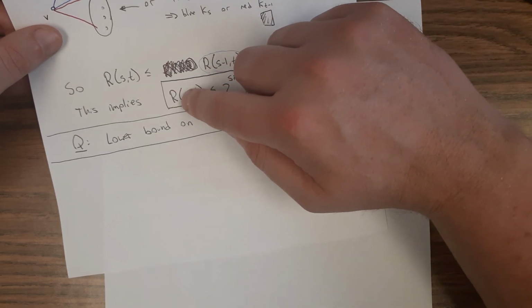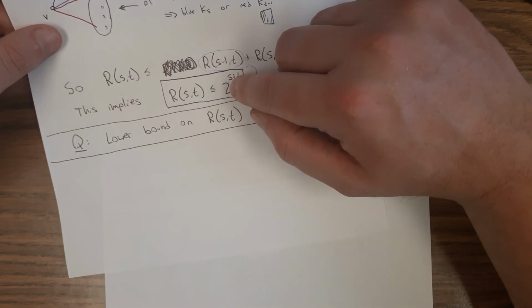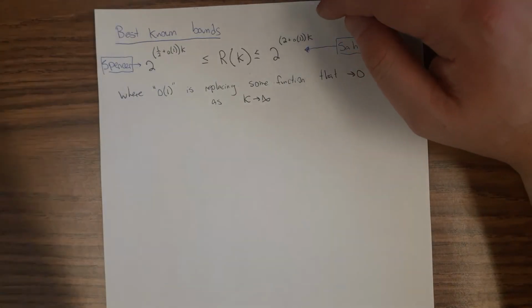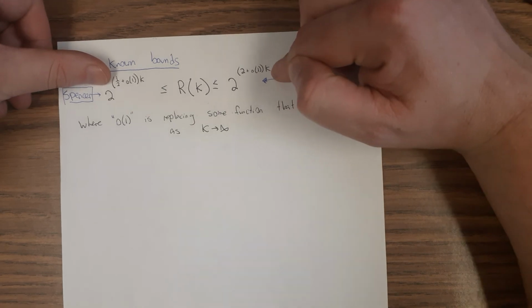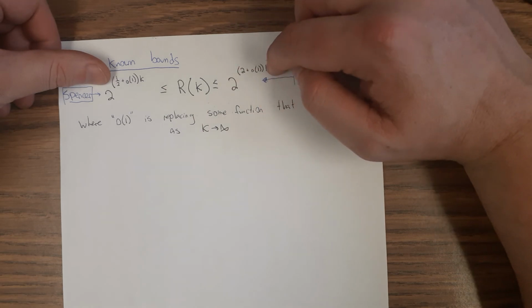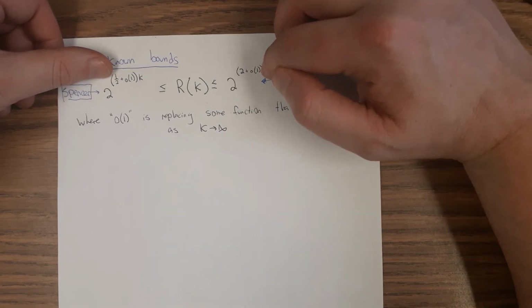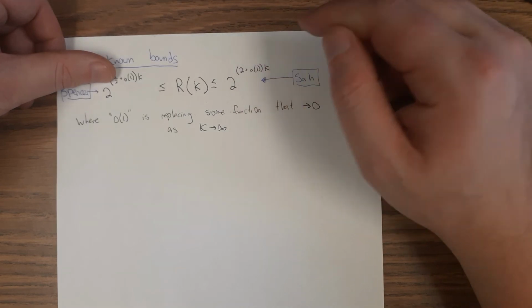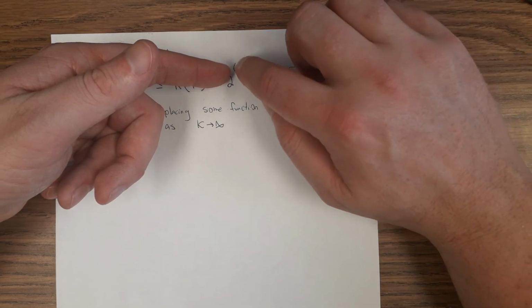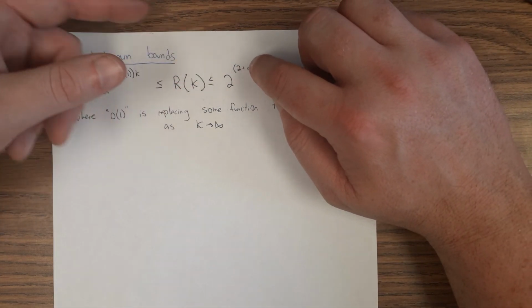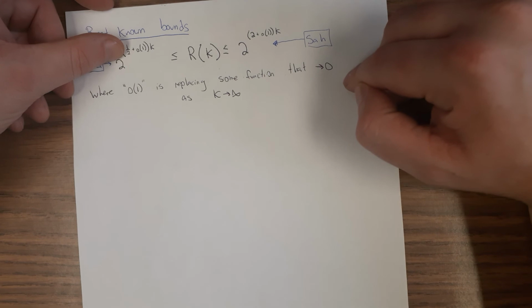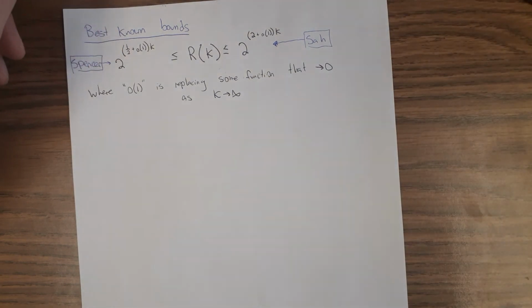So if we were talking about r of k, where these are both k, we would get 2 to the 2k. The best known upper bound is not much better than that. It's still essentially 2 to the 2k in the following sense. The best known upper bound can be described as 2 to the (2 plus little o of 1) times k, where this little o of 1 is replacing some function that goes to 0 as k goes to infinity.